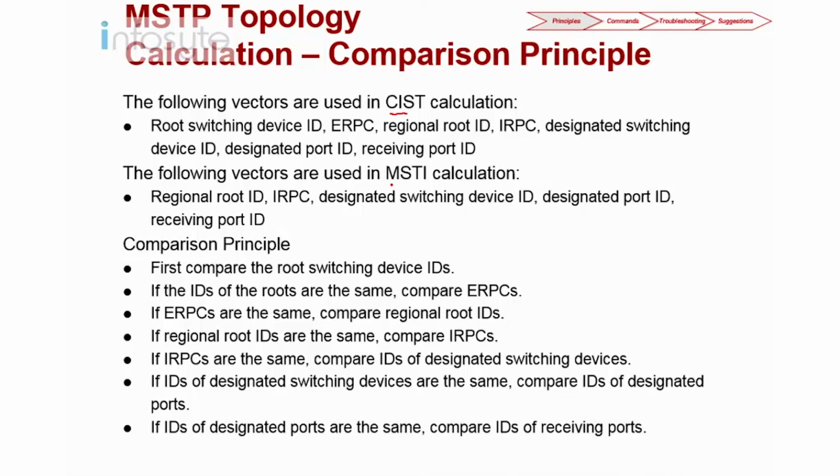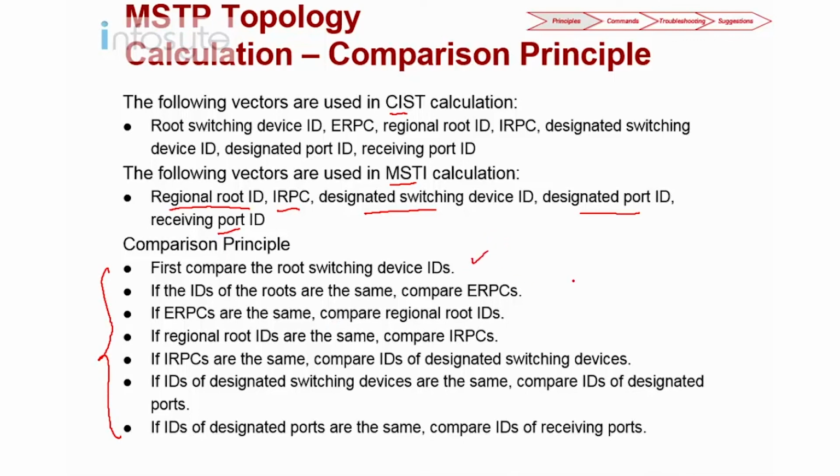Now within the MSTI, or the instance within the region, you can see that they start to look for the root based on the regional root ID. Then they look into the internal root path cost, the designated switch device ID, the port ID, and if everything is the same, only then do they look into the receiving port ID. So these are the orders in which STP or MSTP selects the regional root as well as the CIST.